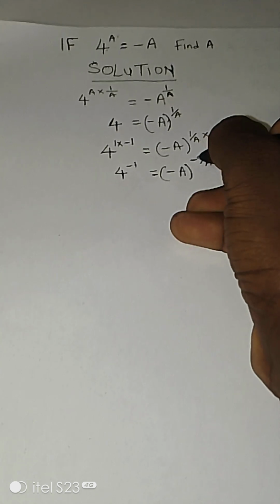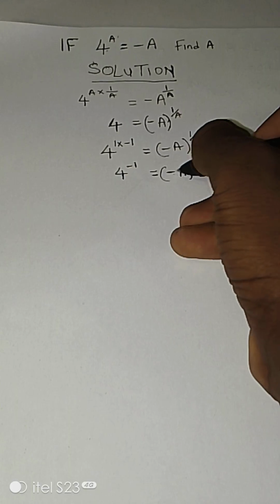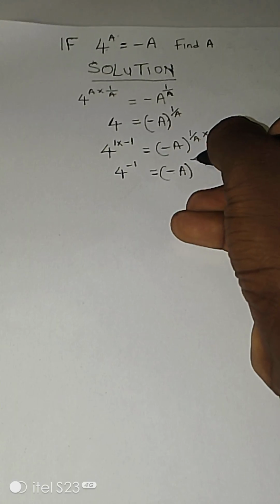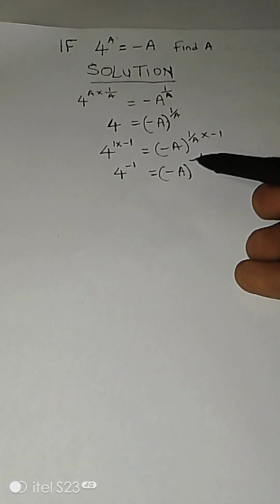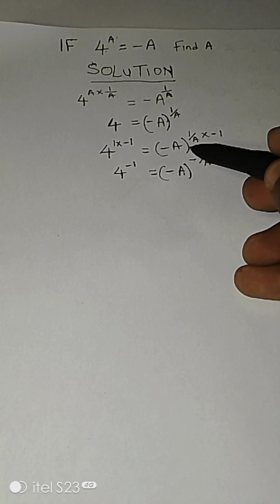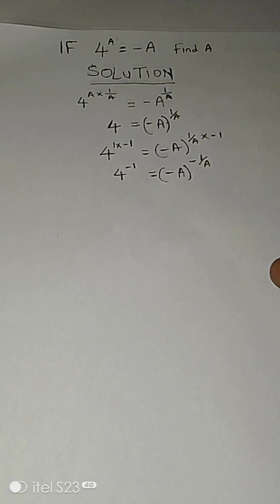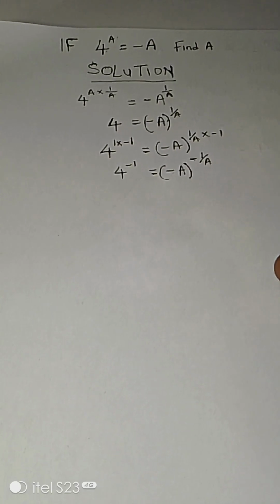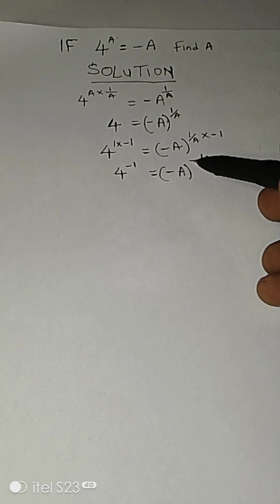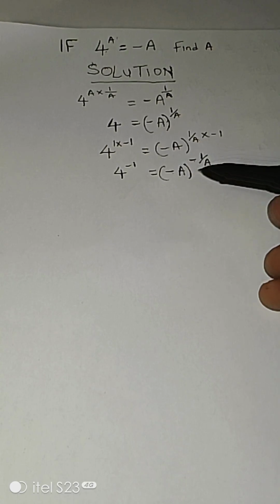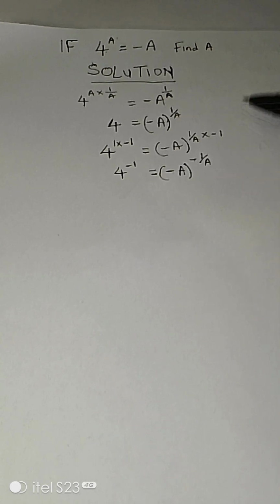So once we have a raised to power minus a raised to power minus 1 over a, this minus sign that is in the power can easily change to 1 over. I hope that is clear. It can easily change to 1 over. That means this minus sign will become 1 over minus a. I hope that is clear.